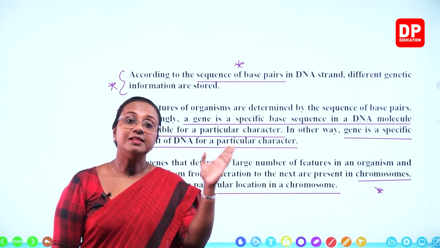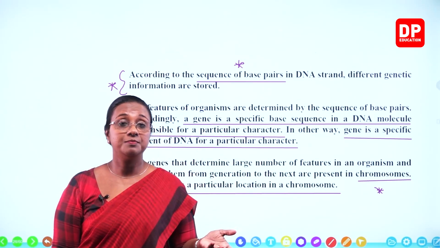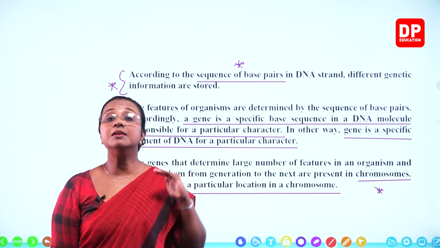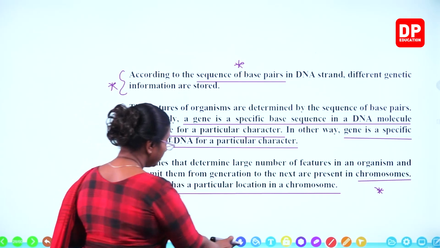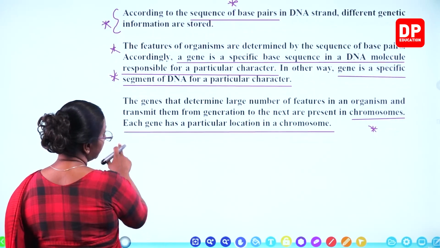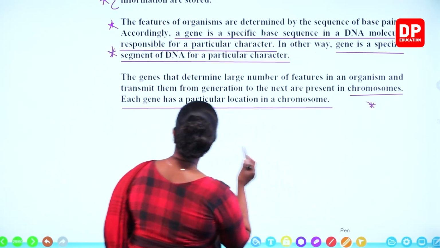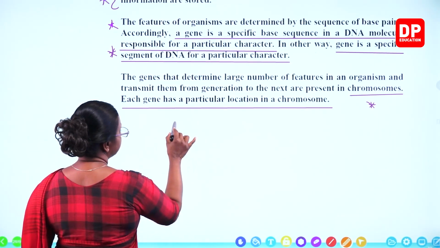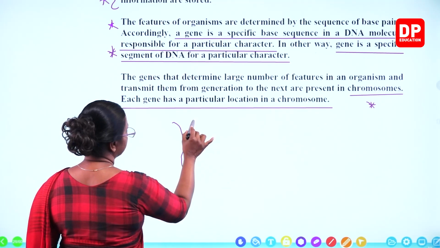Let's say the characters observed by Mendel. The tall and short character will be present in a certain position. If you take two chromosomes, let's say a pair of chromosomes, like this.